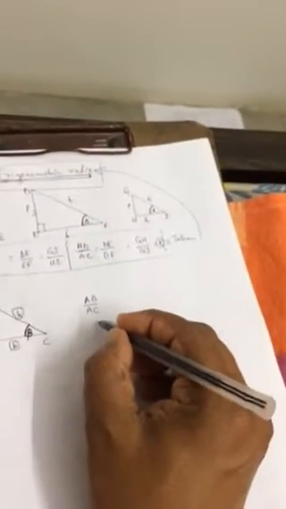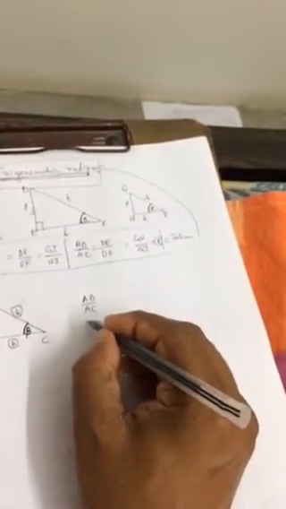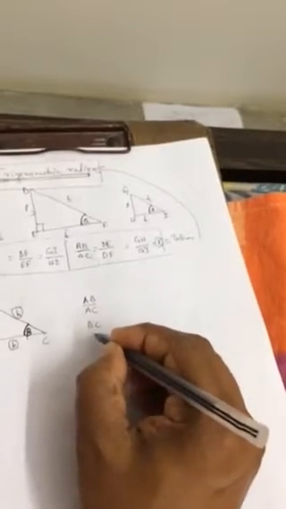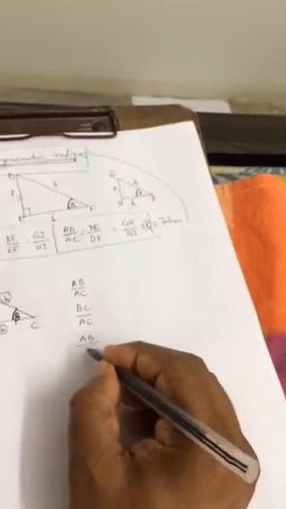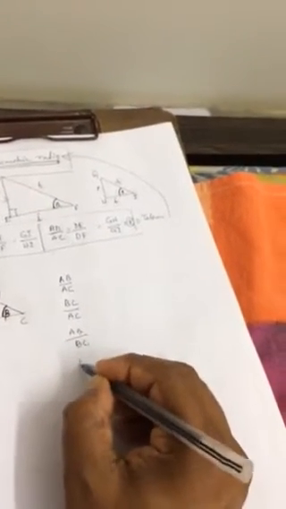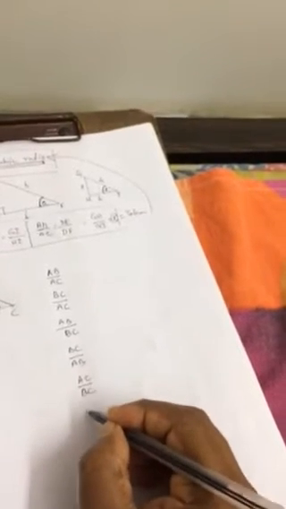Another is BC by AC, another is AB by BC, another is BC by AB, another is AC by BC, and another is AC by AB.